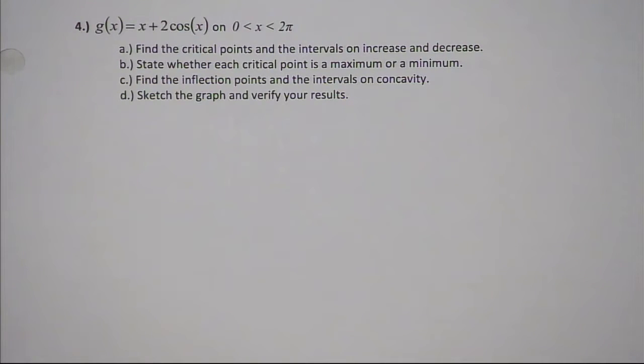Okay, so the first thing I would tell you about all of these problems is you have to know the domain. You have to know the domain because if you don't, then your intervals are going to be wrong when you list them, okay? So what's the domain of number 4? They give it to you. It's right in the problem.